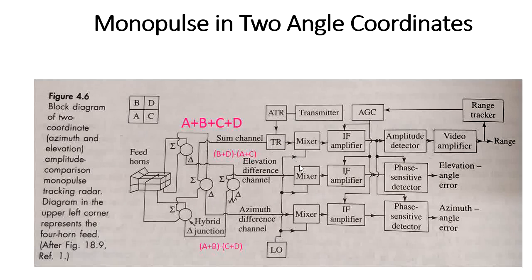And when you compare with the previous block diagram, we had only two mixers and a local oscillator, but here, in order to calculate the two angles and range, we require three mixers. Along with that, we are going to give the same local oscillator to all these three mixers here. One is for range, another for elevation angle, and the other for azimuth angle here.